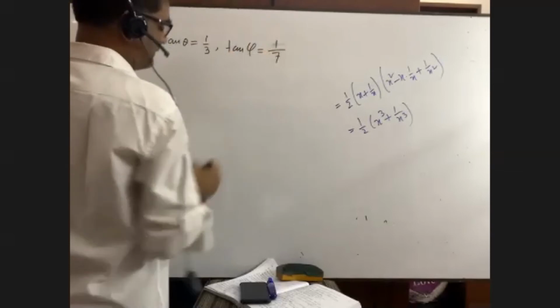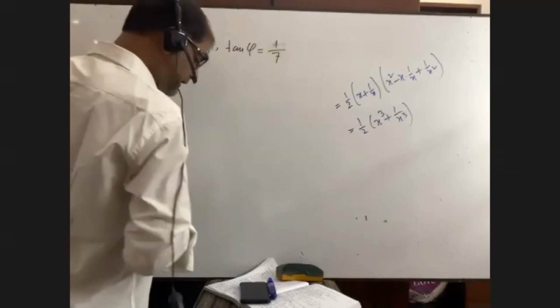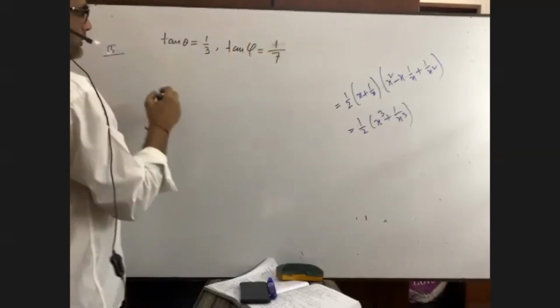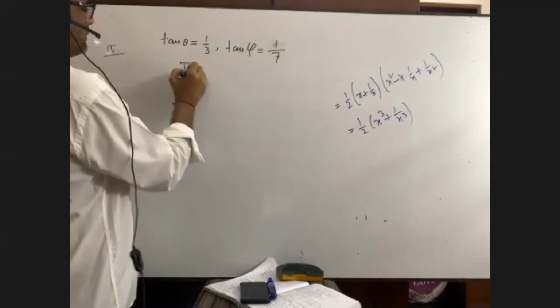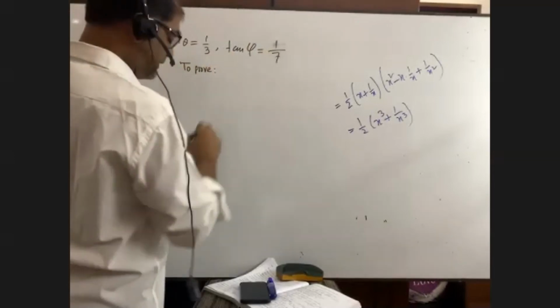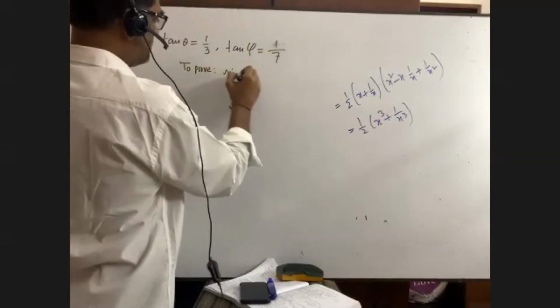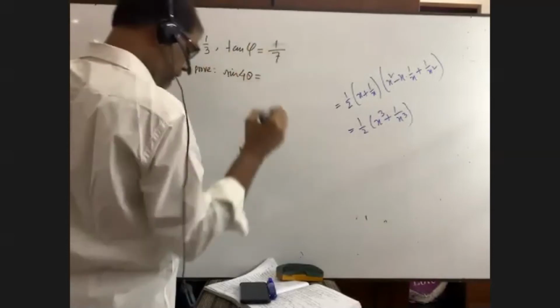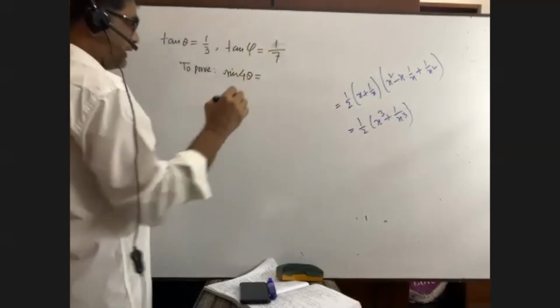We have to show that, to prove that sine 4 theta is equal to cos 2 phi.